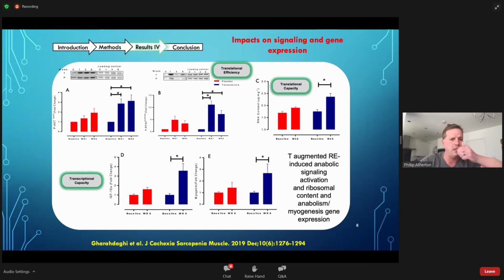We took a biopsy about 60 to 90 minutes post each exercise bout, and we looked at whether the provision of testosterone was able to enhance the signaling response. What you can see is that it was indeed the case.